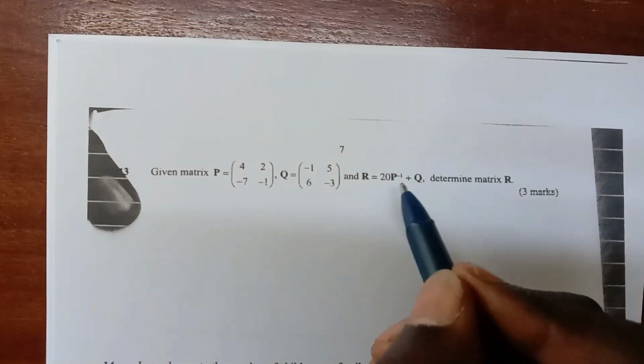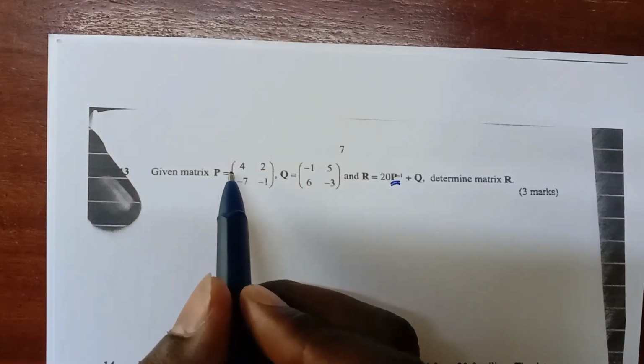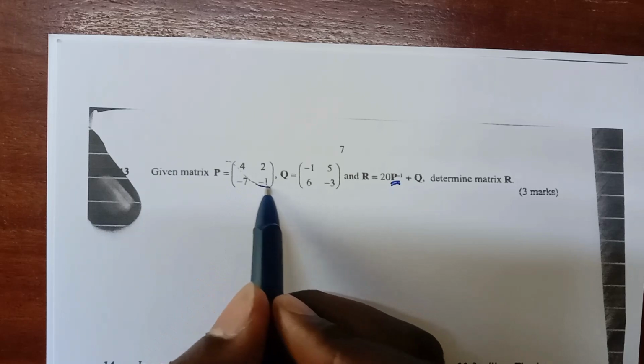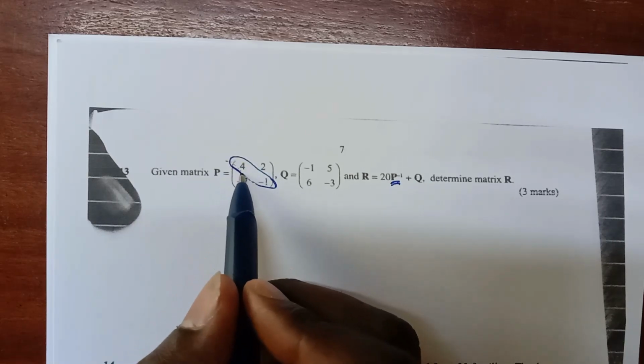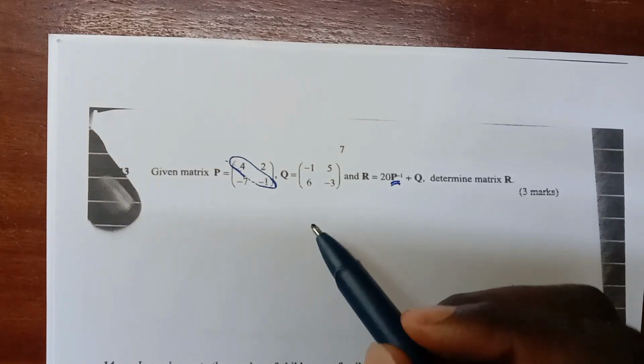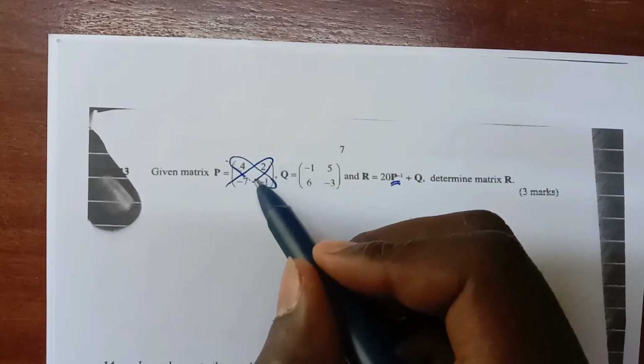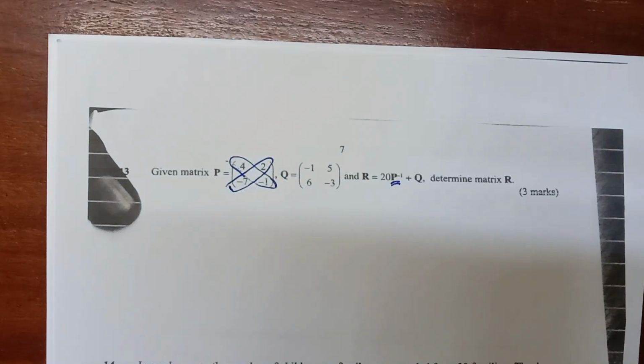Now, first of all, there is the inverse of P. For us to find the inverse of P, the first thing is to find the determinant. We multiply the elements in the primary diagonal, or the main diagonal, and subtract the product of the elements in the secondary diagonal.